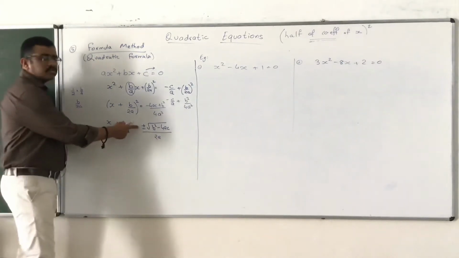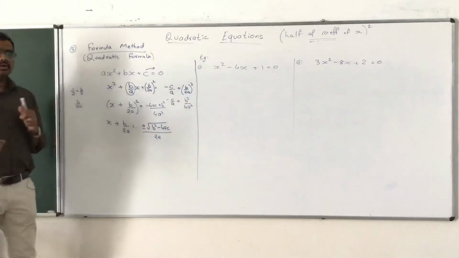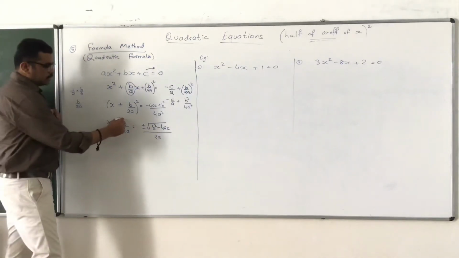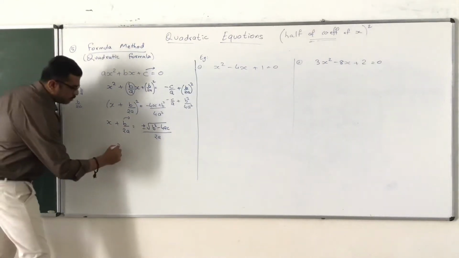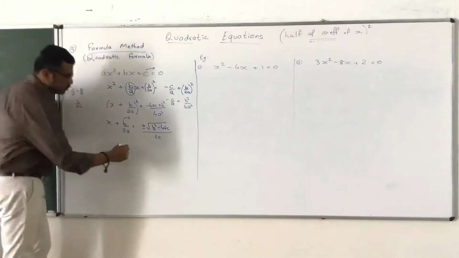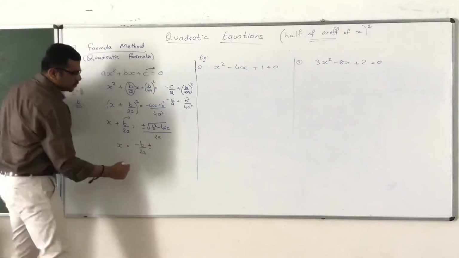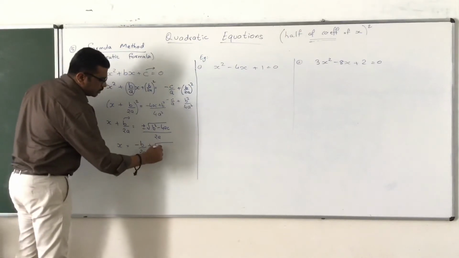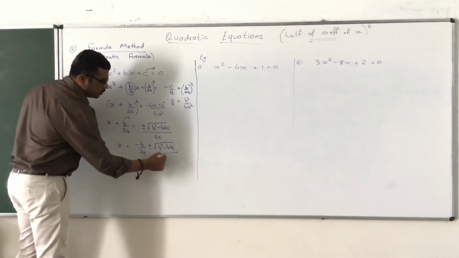And since it is a square root, there are always two square roots, one positive, one negative. Now transposing b upon 2a to the other side, we have x equals negative b upon 2a plus or minus square root of b squared minus 4ac upon 2a.